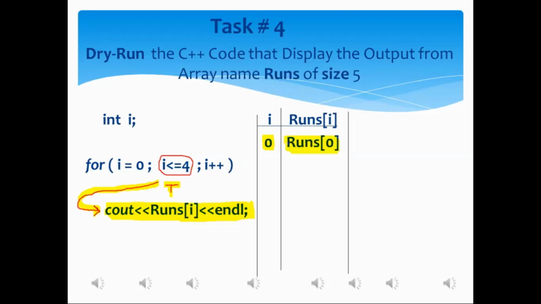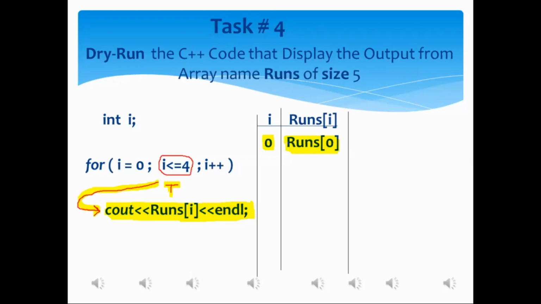Okay, my dear, as you know, runs within square bracket 0 is the address of the very first memory location of the array named runs.